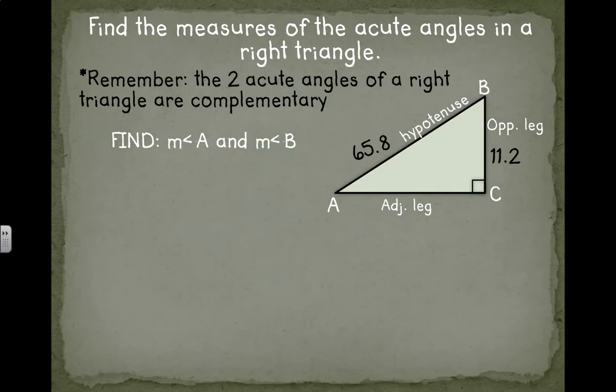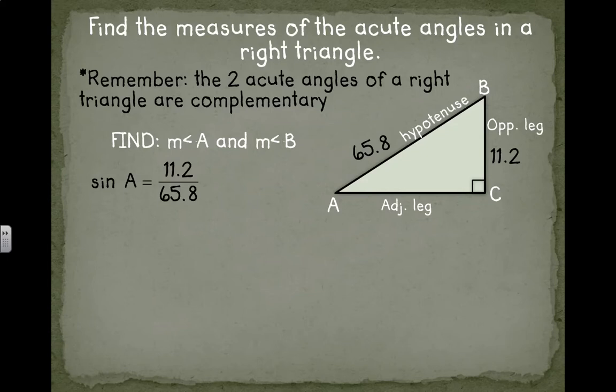So if I ask you to find the measure of angle A and the measure of angle B, if we want to find the measure of angle A, we certainly could use the sine of A because sine is opposite leg over the hypotenuse. Highlight the O for opposite, H for hypotenuse because those are the numbers you have, and that tells you to use the sine.